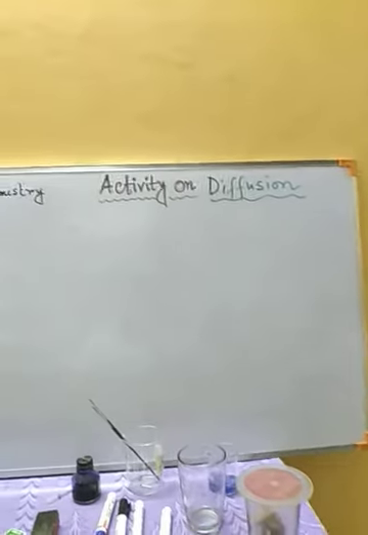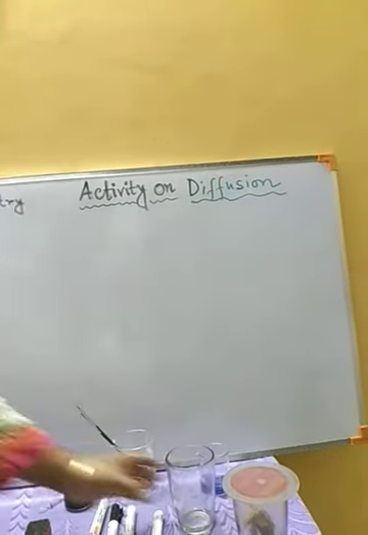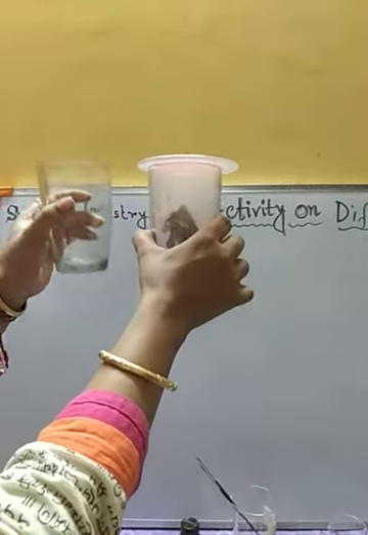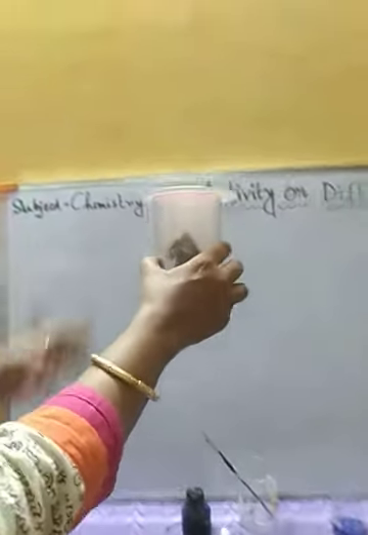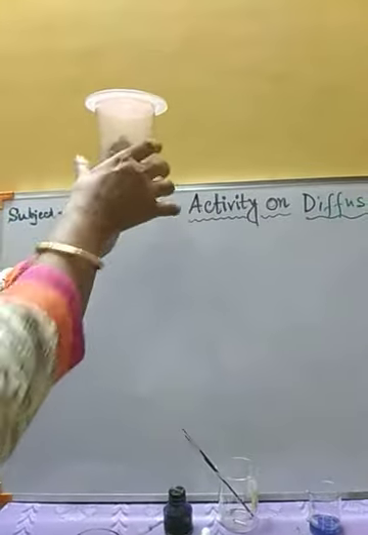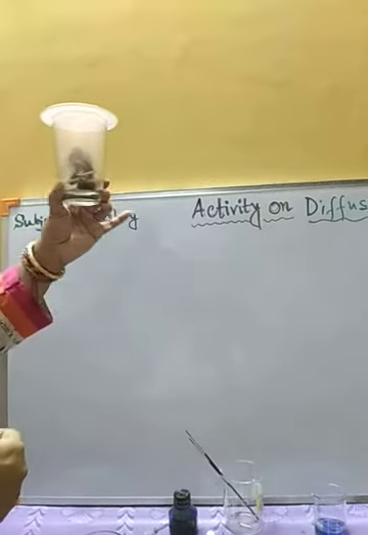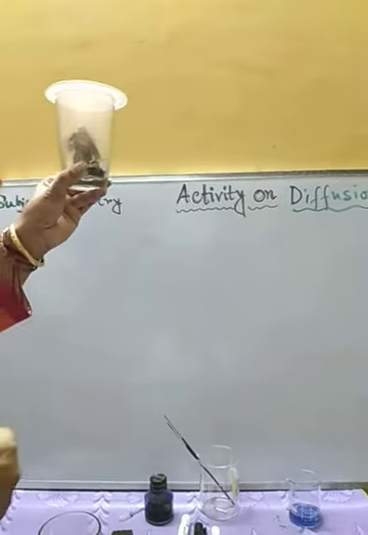For this diffusion of gas, we have to take two glasses like this, which will act as gas jars. Here you can see an empty glass I have taken, and in this glass I have already made some smoke, which will act as gas.